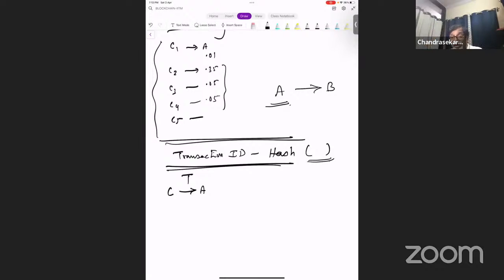So C to A, that transaction generated by C may have several outputs. One of them might be A, right? So this transaction may be generated by C, and this transaction may have several outputs. It may say give 0.52 to X1, give 0.72 to X2, give let's say 0.52 to A, give 1.22 to B. Like that, this might have specified various outputs.